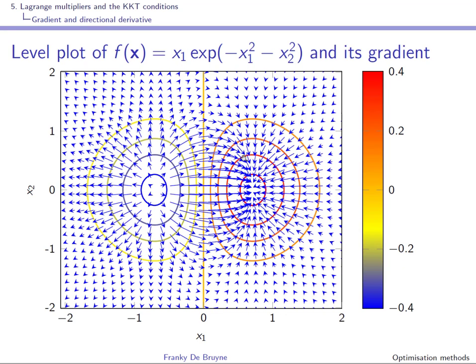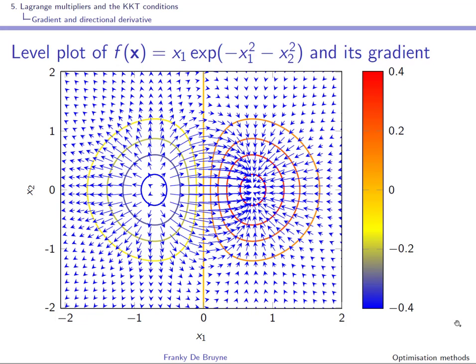What is often done is to use a level plot of the function or a contour plot of the function, and this is a way to represent the 3-dimensional surface on a 2-dimensional plane. The contours that you see over here, or the levels, are sometimes also called f of x slices or iso-response values. Besides the level curves, you also have information about the gradients in some of the points.